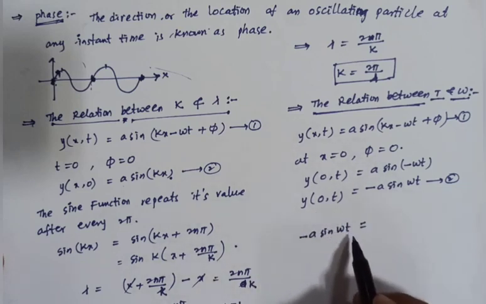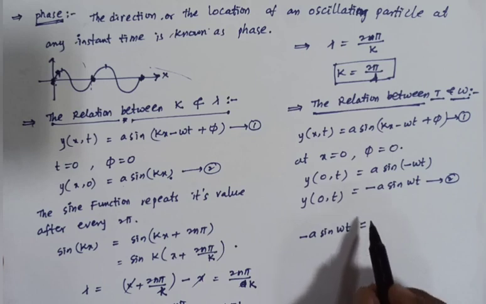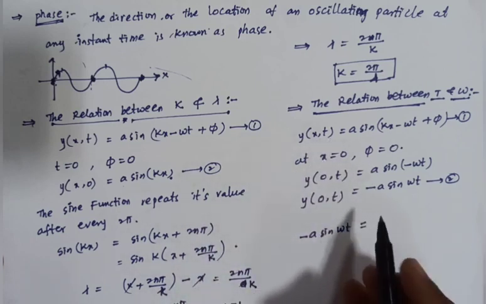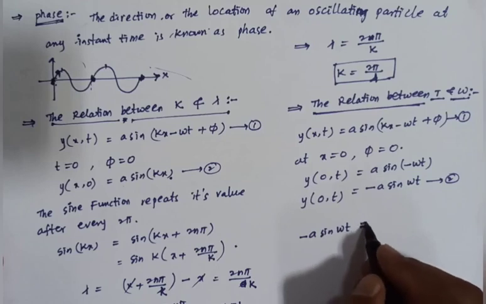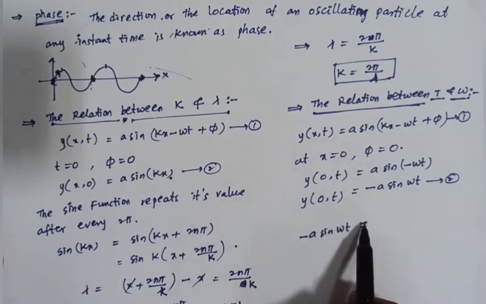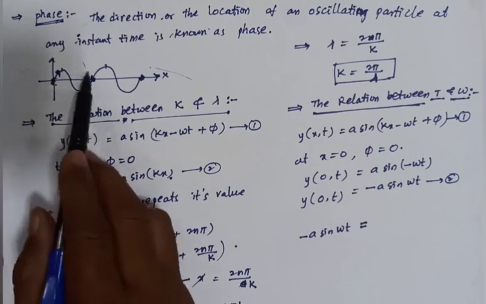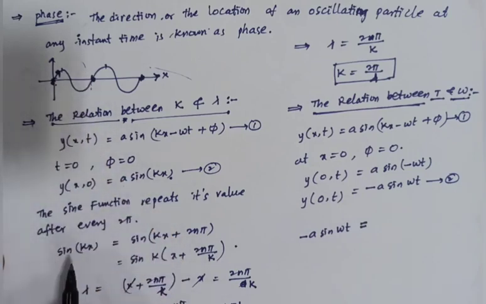In equation number 2, minus a sin omega t, the sine function repeats after the time period. The time period is the time taken for one complete oscillation.